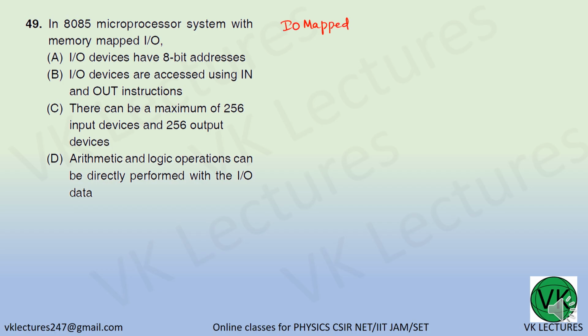IO mapped IO and memory mapped IO are the two schemes by which a microprocessor system communicates with external devices such as keyboard, mouse, etc. Now the question is about memory mapped IO.